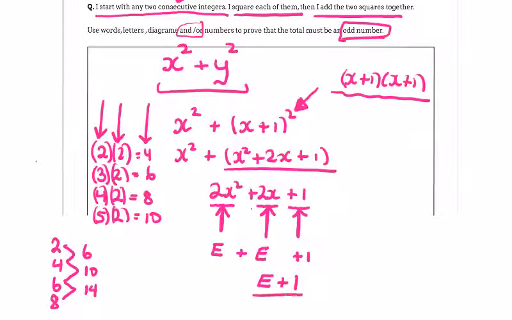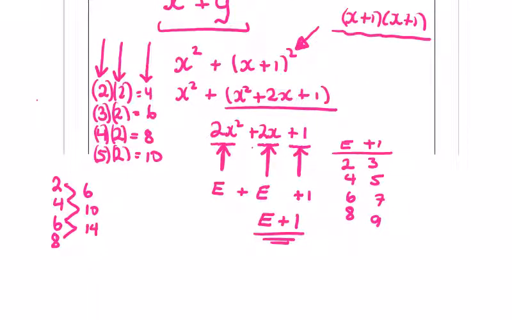And if I have any even number plus 1, if I take 2, 4, 6, 8 again, if I add 1, I'm going to get 3, 5. You could put a plus 1 here, you put an even here, maybe make a proper table out of it. 3, 5, 7, 9. So therefore, even plus 1 equals odd.